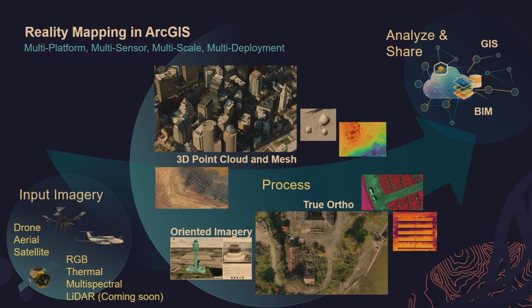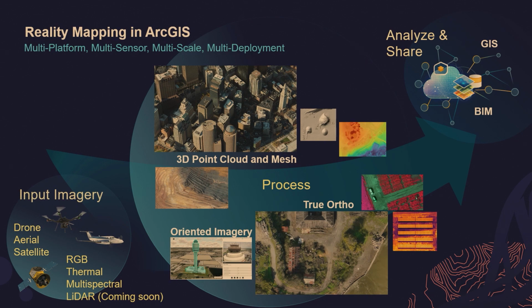It always starts with input imagery, from drones, aerial imagery, or satellites. This imagery can then be processed to create 2D and 3D content products, such as true orthomosaics, digital surface models, and 3D point clouds and meshes, to name a few.